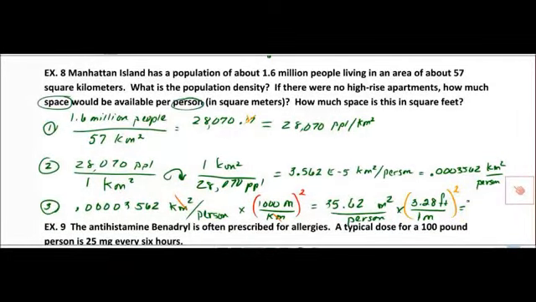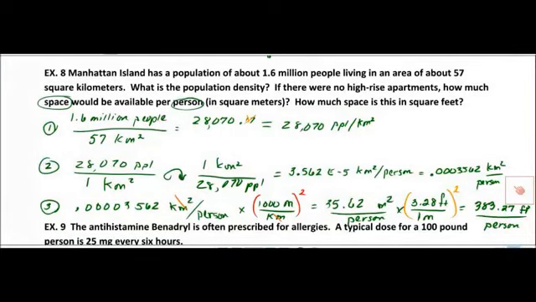Square the 3.28 feet over 1 meter, square the top and the bottom, so I'll have my unit in square feet and my square meters would cancel. So the math that I'm going to need to do is the 35.62 times 3.28 squared, and that'll tell me how many square feet are available per person in Manhattan. Figure that value out. So the final answer being 383.27 square feet per person.